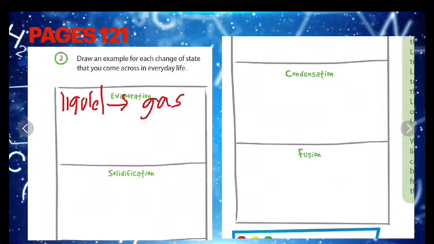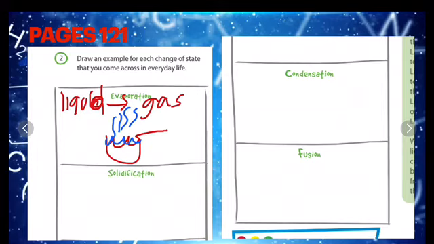So in this case, it could be water boiling. So this is like a pot. This is water. And over here, let's put it like this.